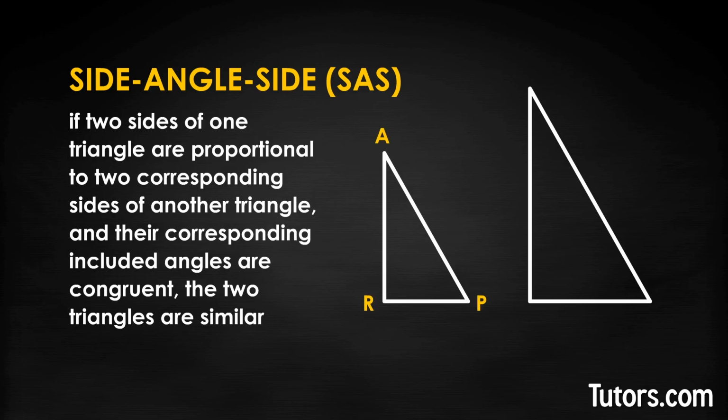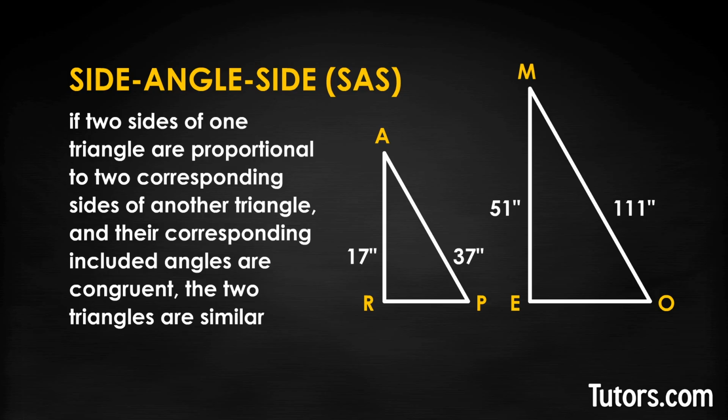Triangle RAP and triangle EMO both have identified sides, measuring 37 inches on triangle RAP and 111 inches on triangle EMO, and also sides 17 inches on triangle RAP and 51 inches on triangle EMO.